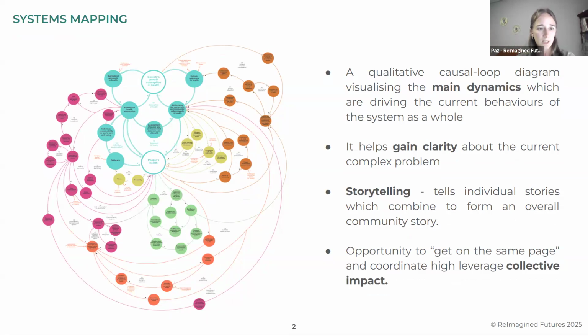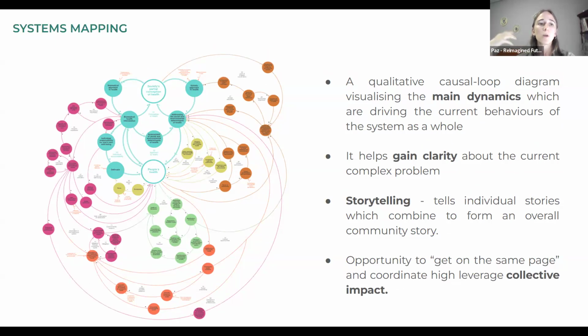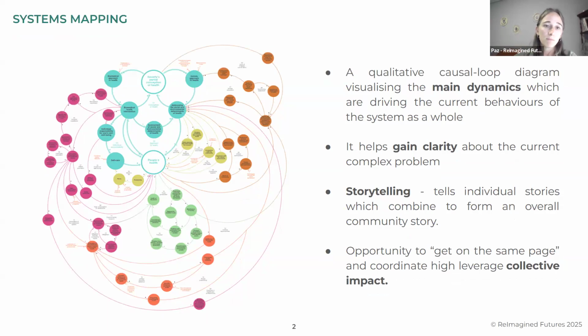And this shared understanding also creates an opportunity for stakeholders to be on the same page about a system and to recognize their roles in the system too. And these systems maps are usually used to identify afterwards different leverage points to create systems change towards a guiding star or a shared long-term vision.